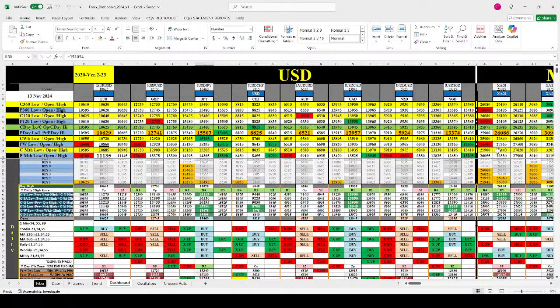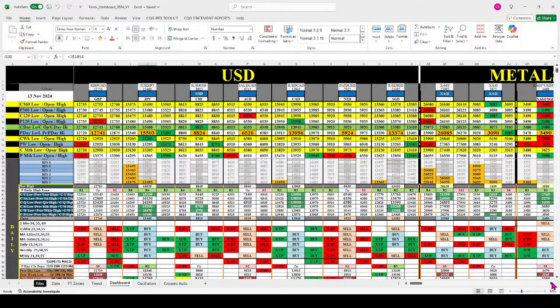And as for gold, if you look into this dashboard, we see the market is trading below the previous week low. That is the indication that this is a weekly downtrend.